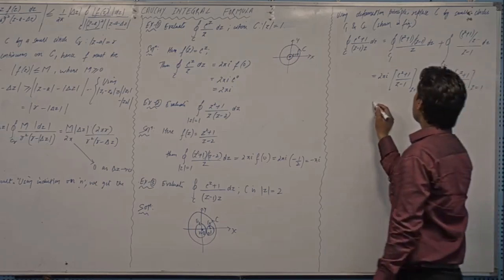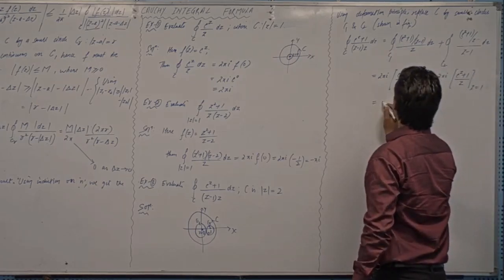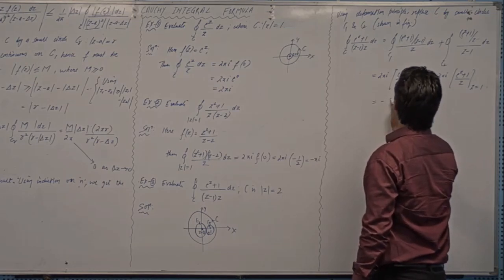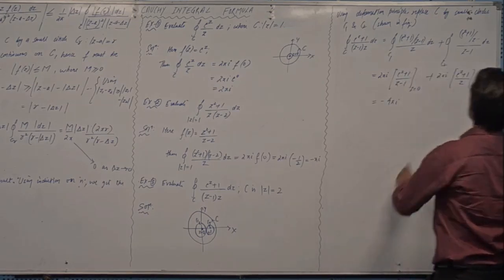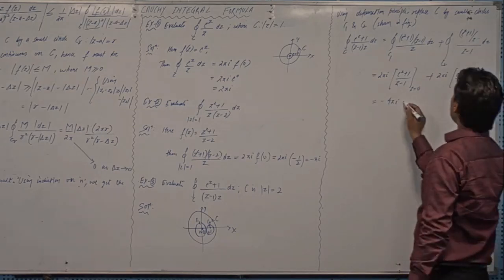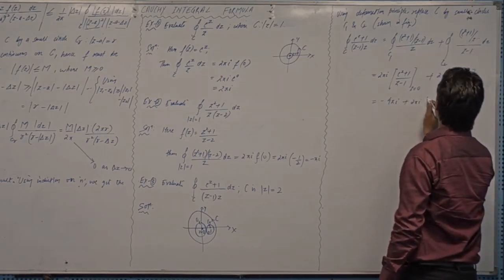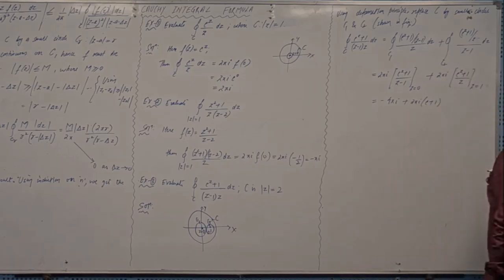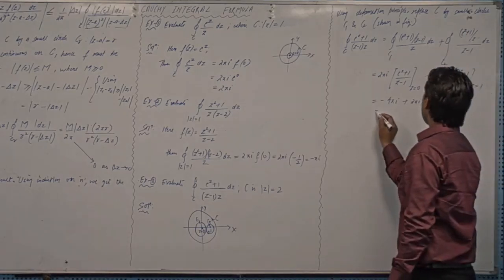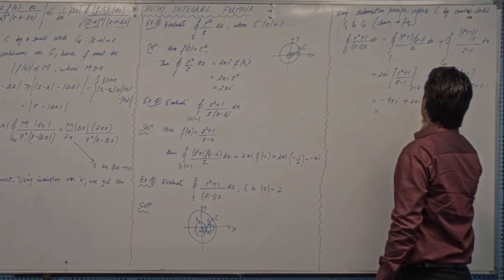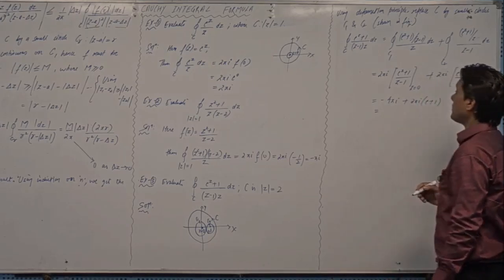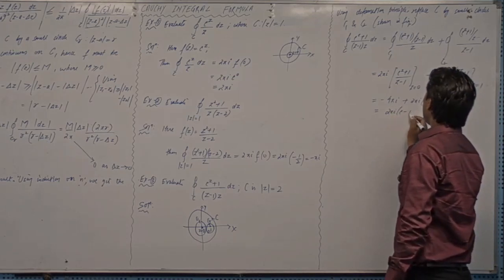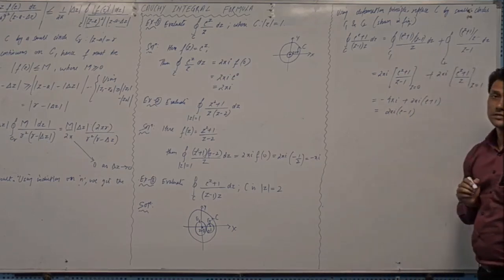And it will produce minus 4 pi i, and it will give you 2 pi i e plus 1, right? And then ultimately it will give you 2 pi i e minus 2 pi i, then 2 pi i e minus 1. This is the answer, right?